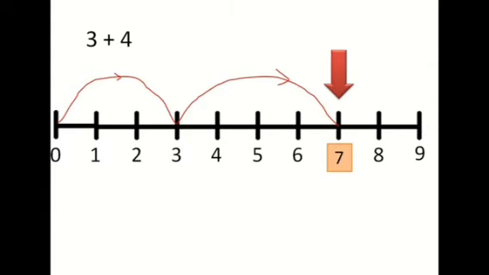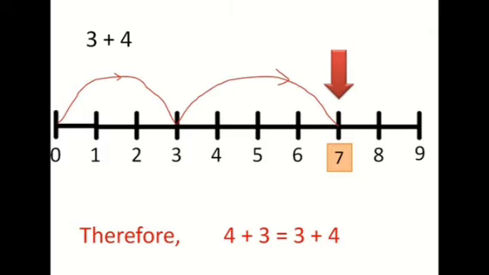Therefore we can say that 4 plus 3 equals 3 plus 4. So for addition we proved through the number line that the commutative property holds good. You will not get any pair of whole numbers for which the sum is different when the order of addition is changed. So you can add two whole numbers in any order.